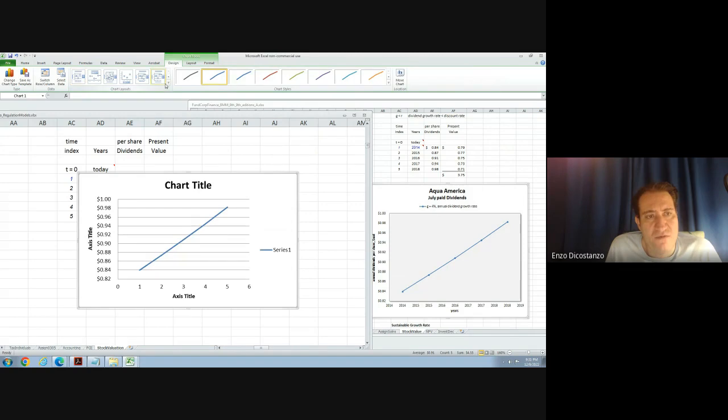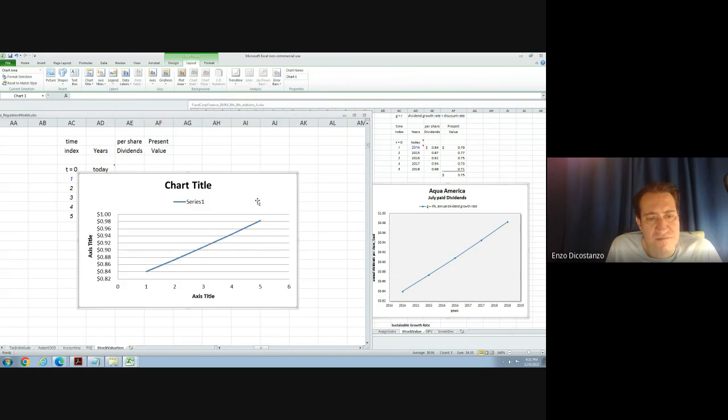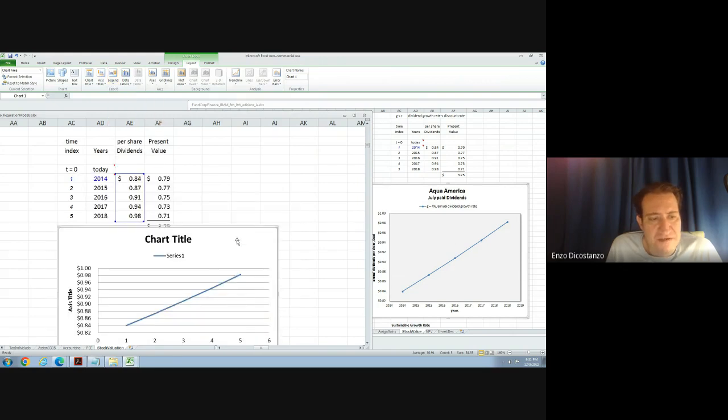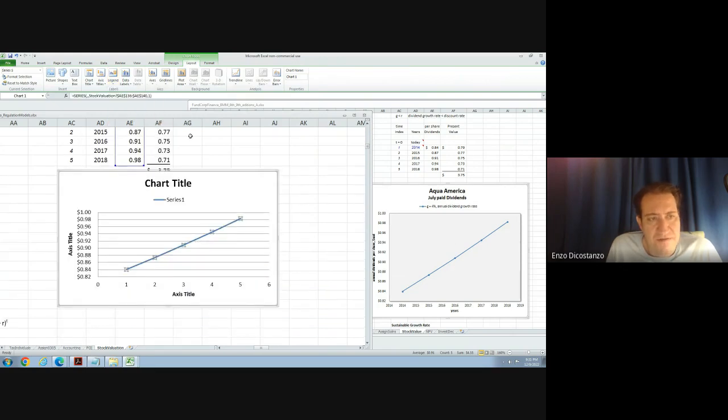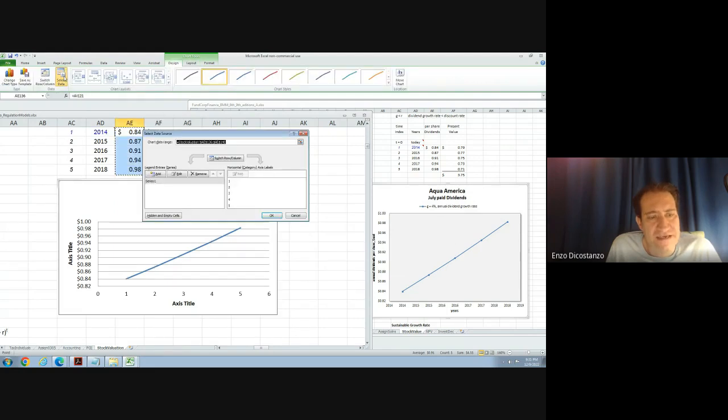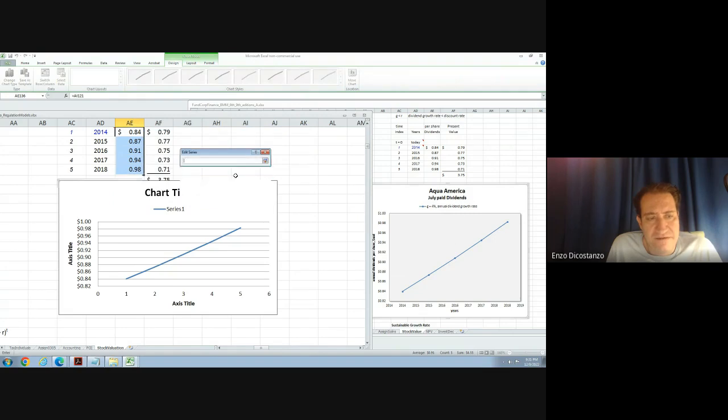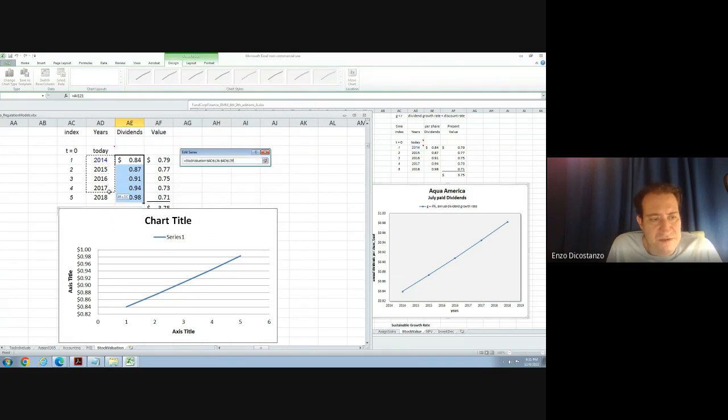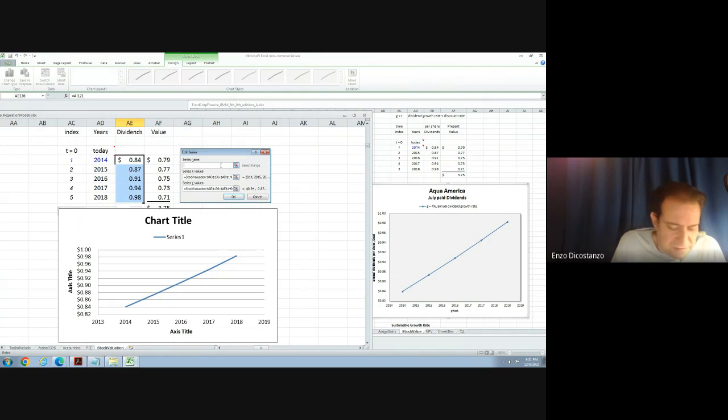Click your layout, legend, top. Those are your beginning movements with this. Click the graph, design, select the data, edit. Your x-axis are just these numbers. And this is G equals 4%.